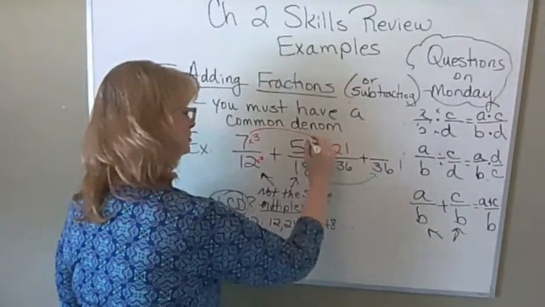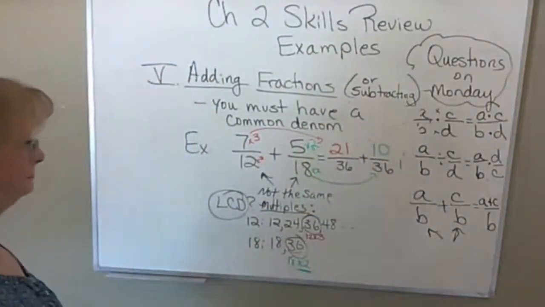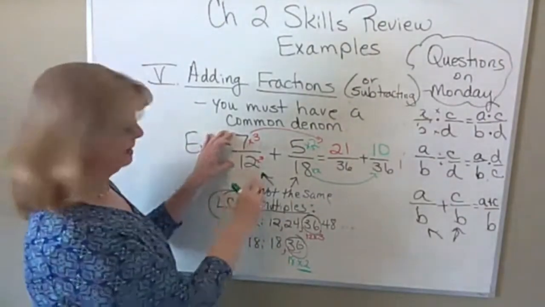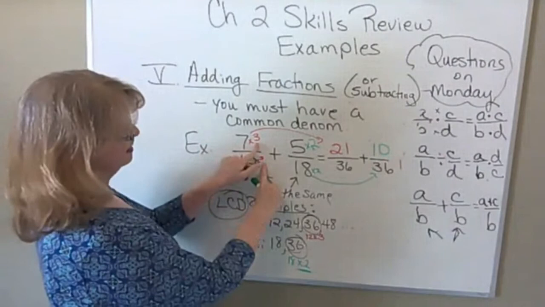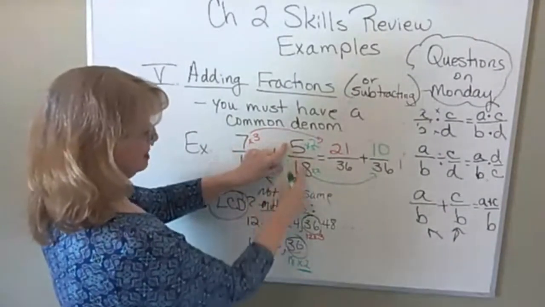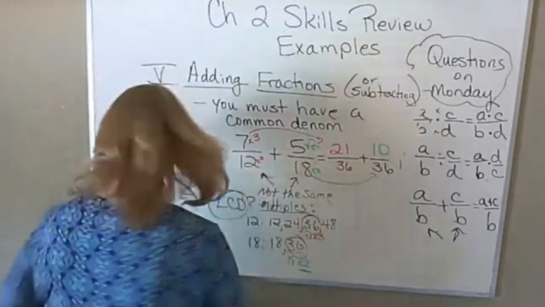Times 2. So do you see on this first fraction, I multiplied the top and bottom by 3, gave me 21 over 36. On the second fraction, I multiplied the top and bottom by 2, gave me 10 over 36.